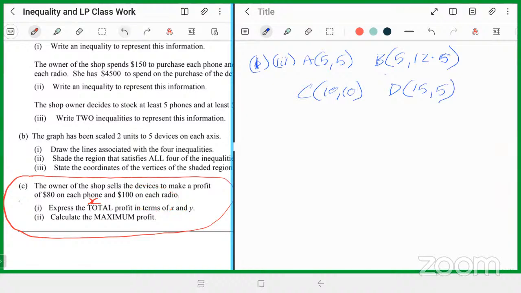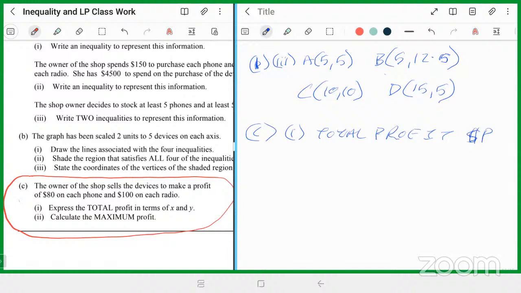Here, they're asking us for the total profit, meaning the profit on the phones plus the profit on the radios. So for part C, they're asking for the total profit. I'm going to call it P dollars, so we don't have to put the dollar sign on what we're writing.